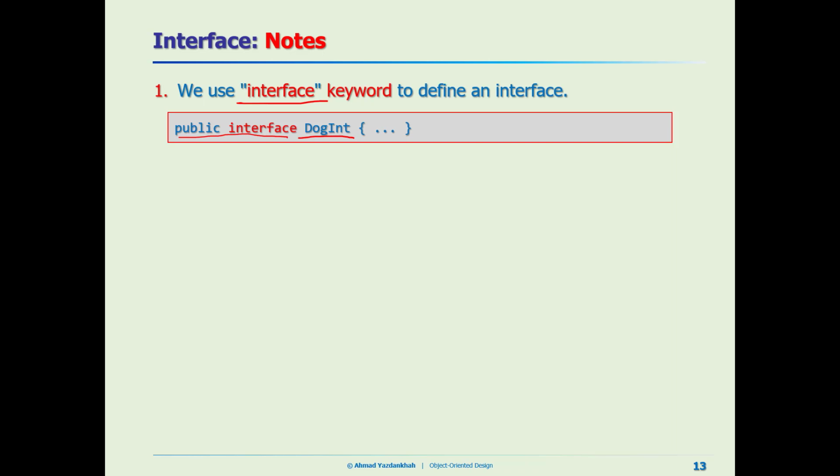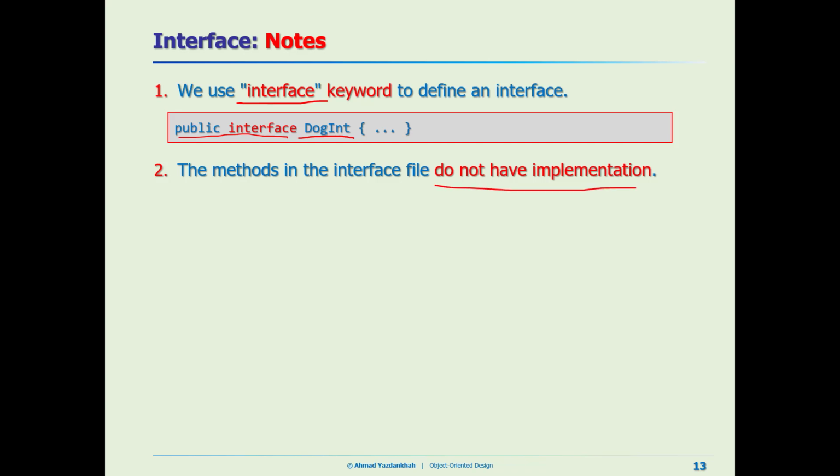All right. And we noticed that we don't need to put the implementation of the method in the interface file because interface is interface. We are looking for the interface, and the interface of that method is its signature.